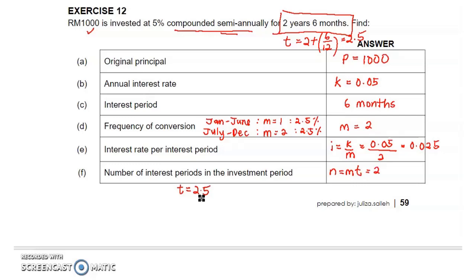If we invest for 2.5 years, then we calculate 2 multiplied by 2.5, which is 5. So within 2 years and 6 months, if the interest is compounded semi-annually, we calculate interest 5 times. So that is number of interest period in the investment period.